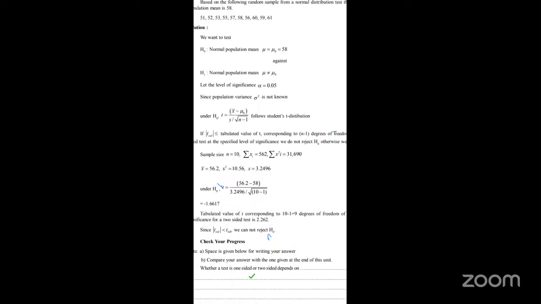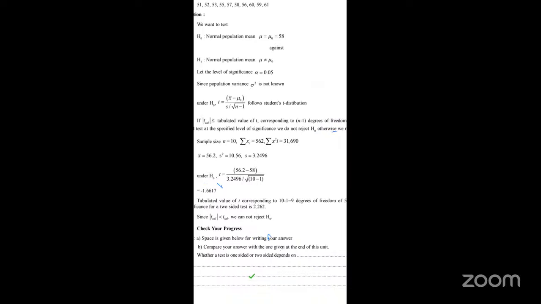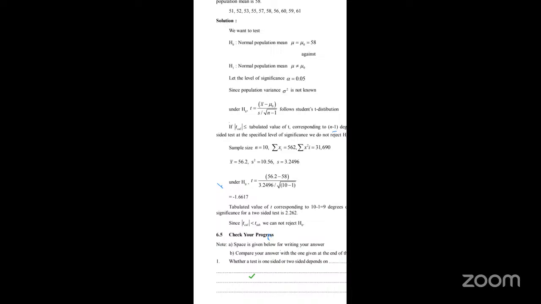So (56.2 minus 58) by 3.2496 by root of (10 minus 1), its value is 1.66. The tabulated value at 5% level of significance is 2.262. The calculated value is less than the tabular value, so we cannot reject H naught, which means we accept H naught.